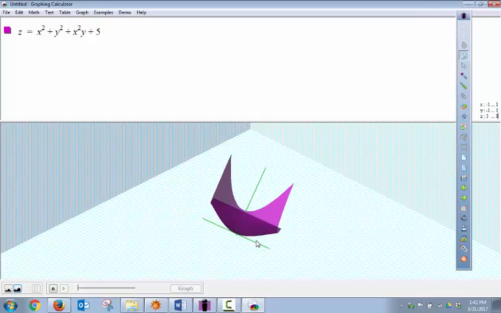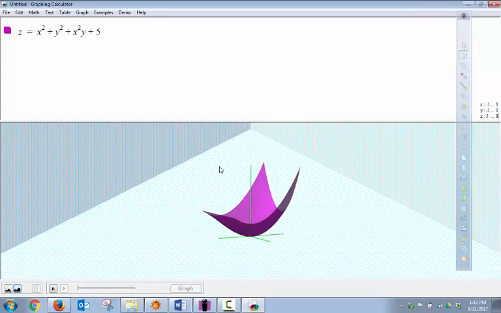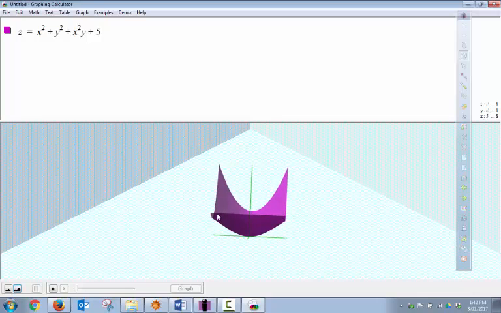So let's see if this matches our description. We have a low value at 0, 0. If you look at the front here, it looks like it's constant. That line has a constant ridge of 6.